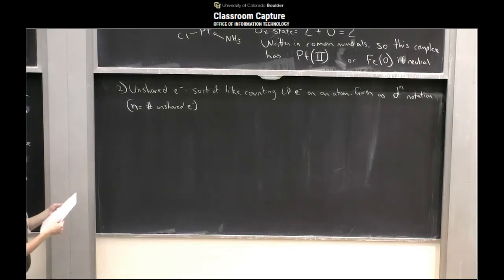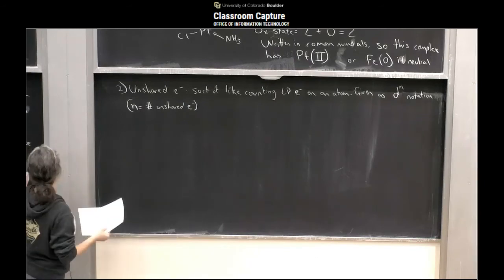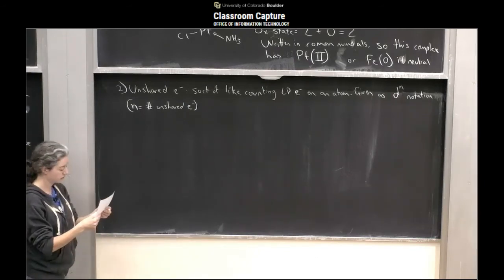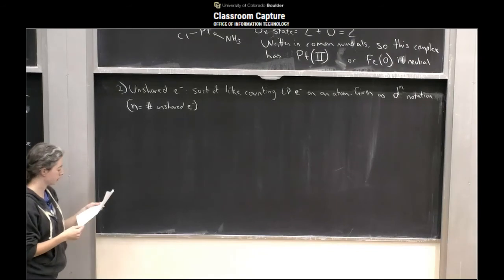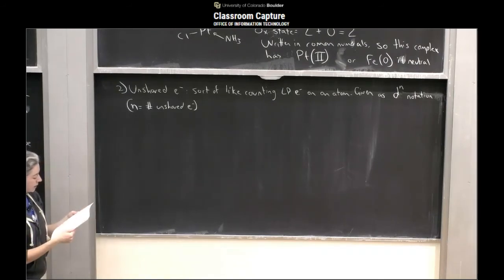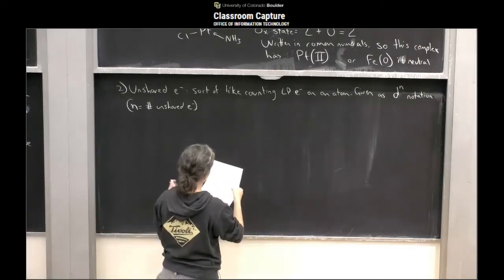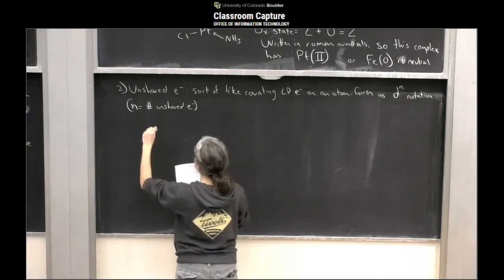We can calculate this kind of like we did for carbon, oxygen or nitrogen. We need to know the number of default valence electrons on the metal from the periodic table and the oxidation state.